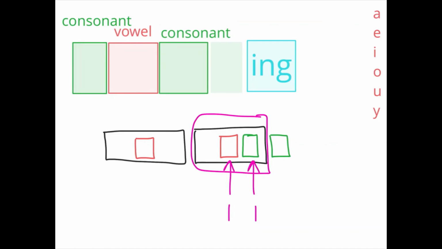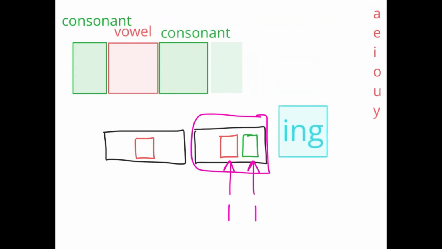So that means in here, there can be no digraphs. And in here, there can be no digraphs and no blends. If you see a digraph here, or a digraph here, or a blend here, then we are not going to double this letter. And there will be no doubling, and we will just add ing.